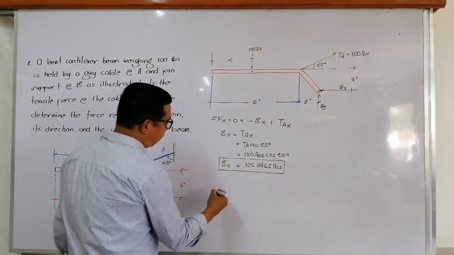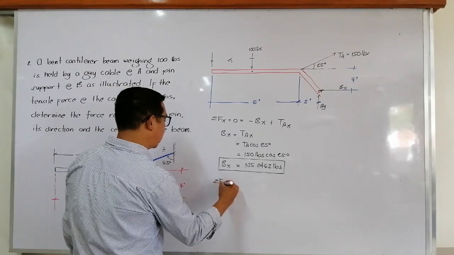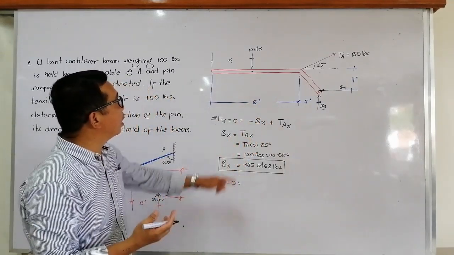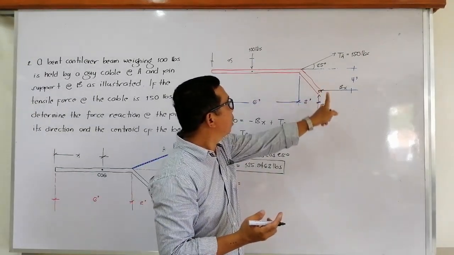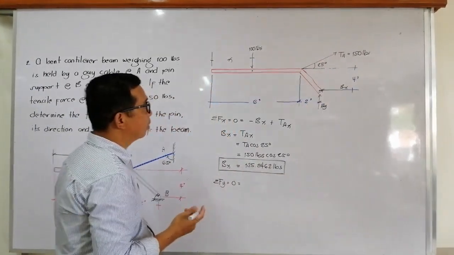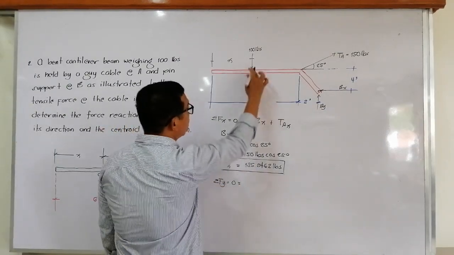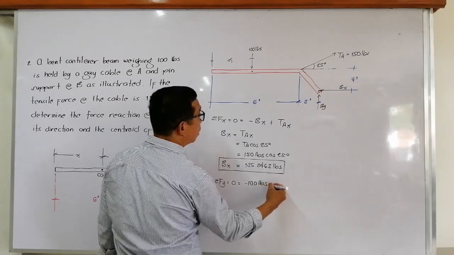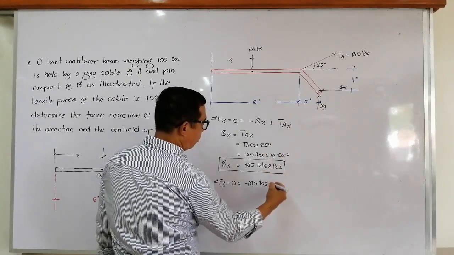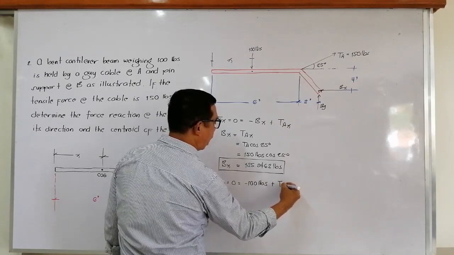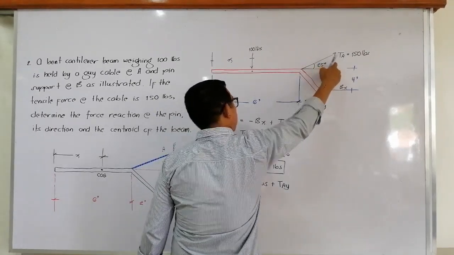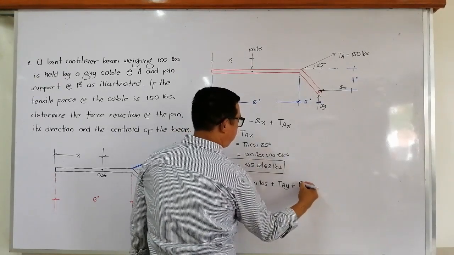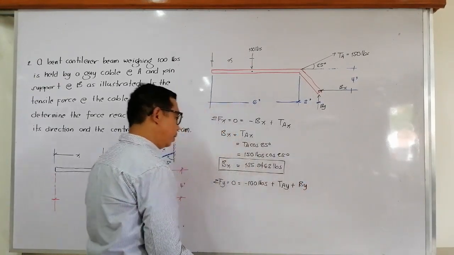Now, let's go to the summation of forces along Y. The summation of forces acting along Y is equal to 0. How many forces are acting along Y? 1, 2, and 3. So we start with negative 100 pounds, plus the Y component of TA, plus the Y component of B, which is By.